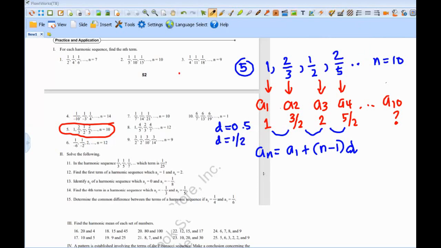So let us try to get the a sub 10. a sub 10 equals 1 plus n minus 1, which is 10 minus 1, times half.